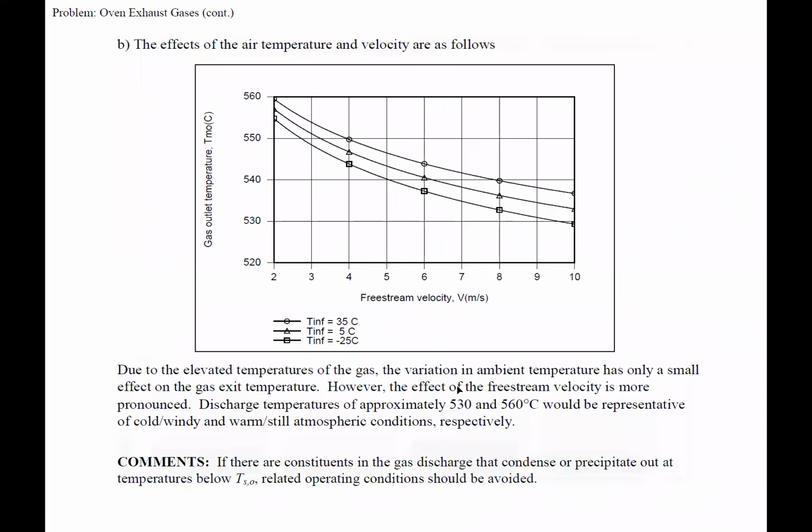Last, part B is that parametric study. So they have the air temperature changing. So we have a really cold day in Florida, and it's negative 20 degrees Celsius, right? And then a different day, let's just say it's the same day in Florida, and we have 35 degrees Celsius, right? So they've trended lines for those different conditions.